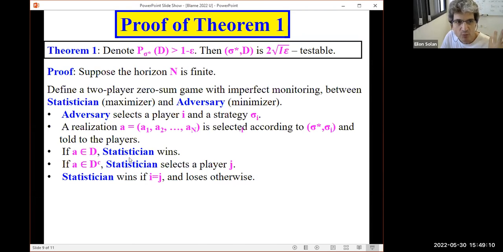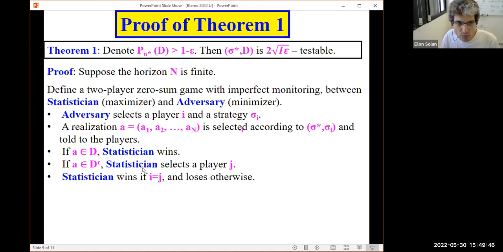So you see that this is a game with imperfect monitoring because the statistician does not see the selections of the adversary. All the statistician observes is the realization. What we would like to show is that the statistician can always identify correctly the deviator, player I. So J is equal to I with high probability.